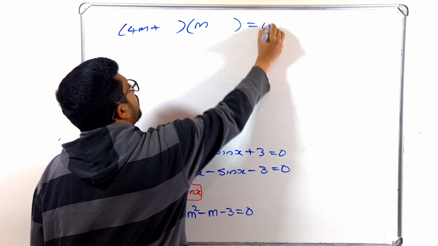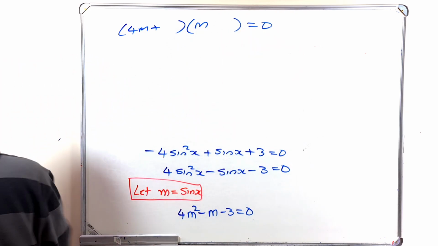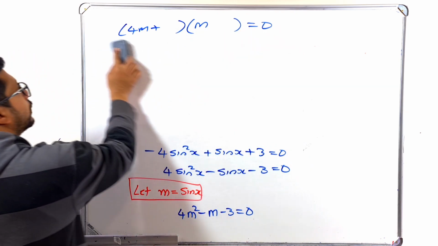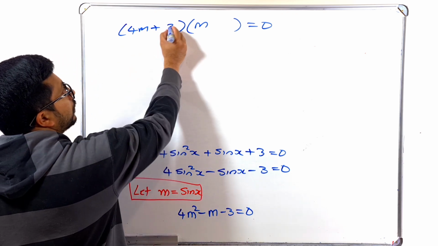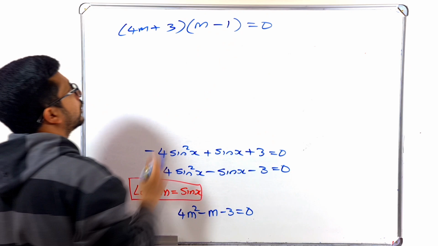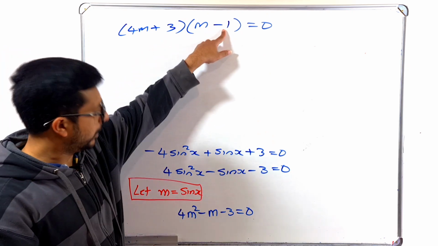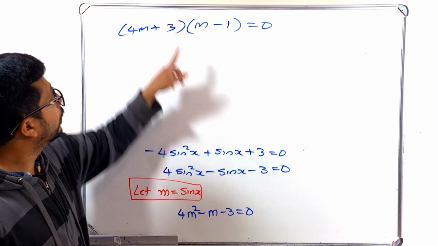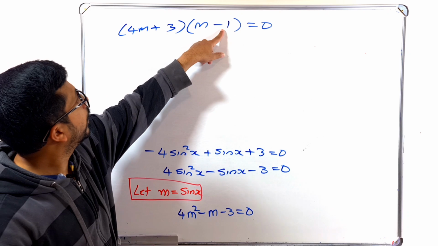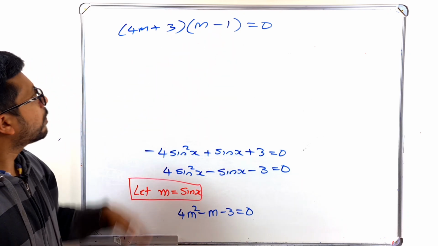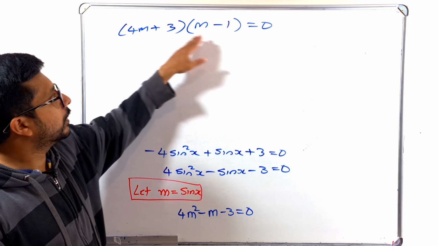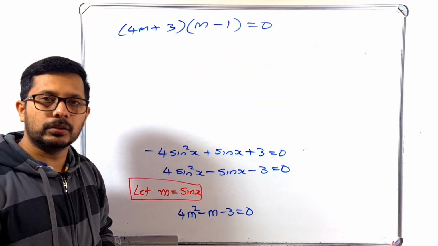The factors are 4m plus 3 and m minus 1. Is it correct? 3 into minus 1 is minus 3. 3m minus 4m is minus m. Yes, it's correct. So the factors are 4m plus 3 into m minus 1 is equal to 0.